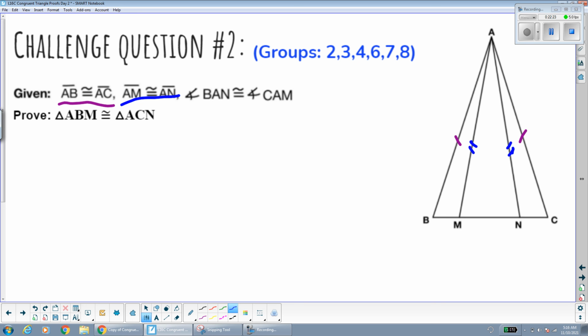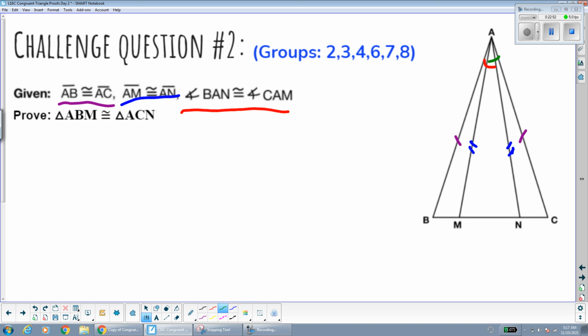And we're told that angle BAN, from here to here, is congruent to angle CAM, from here to here. Our goal is to prove ABM, the small narrow triangle to the left, is congruent to ACN, the small narrow triangle to the right.